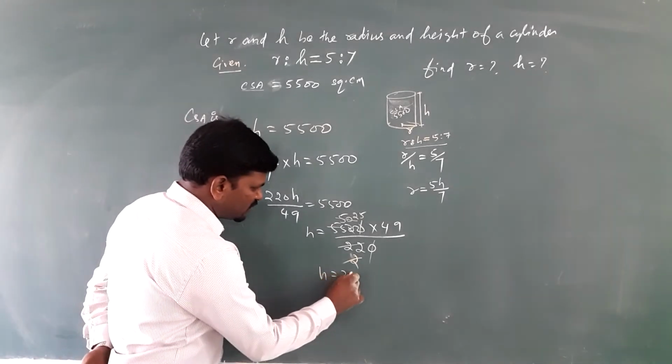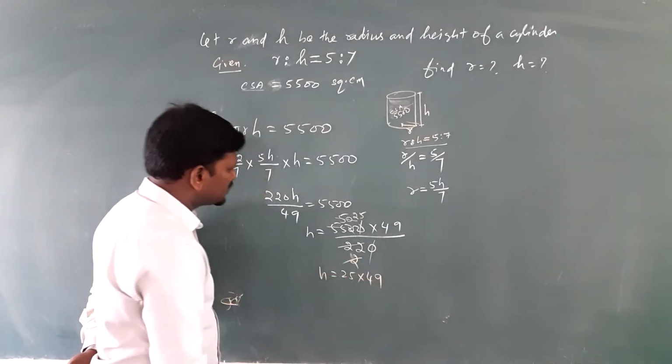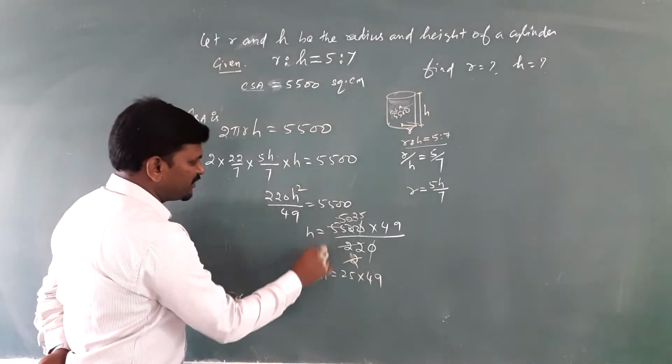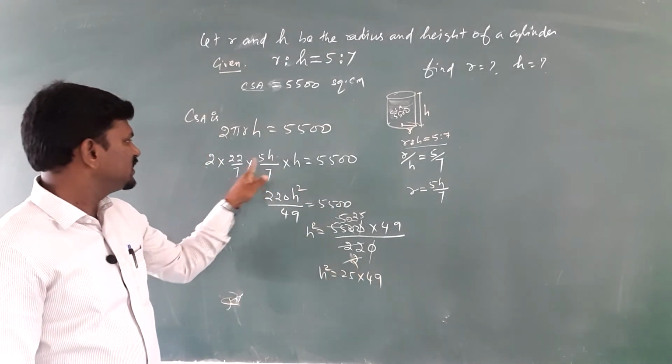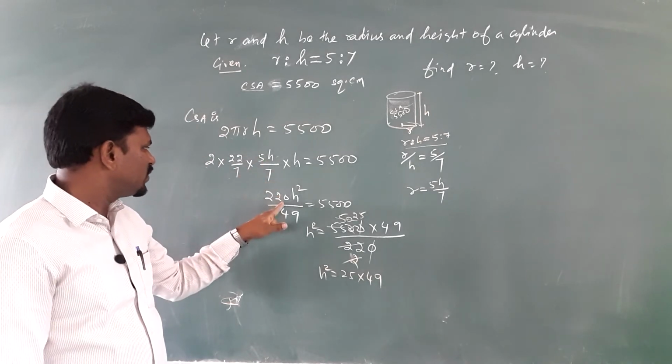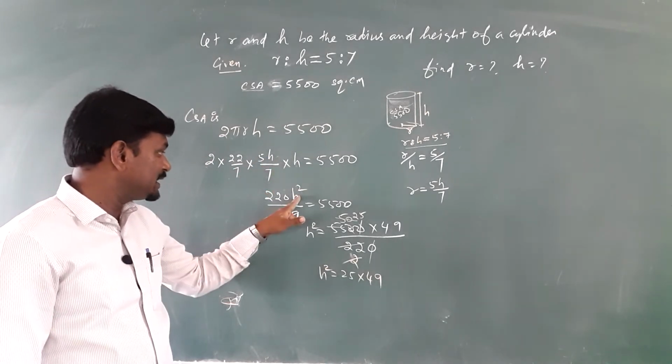So H into H, H square will come. Sorry for the mistake. When we multiply, 220 49 H into H square.